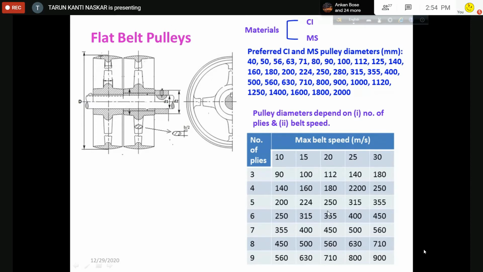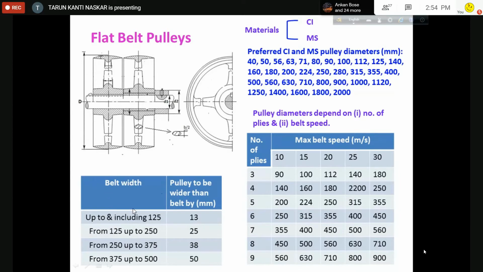And these are the belt width. Now the pulley should be wider than belt. Obviously pulley face should be wider than belt, and up to and including 125, how much wider? It should be 13 for up to 125.